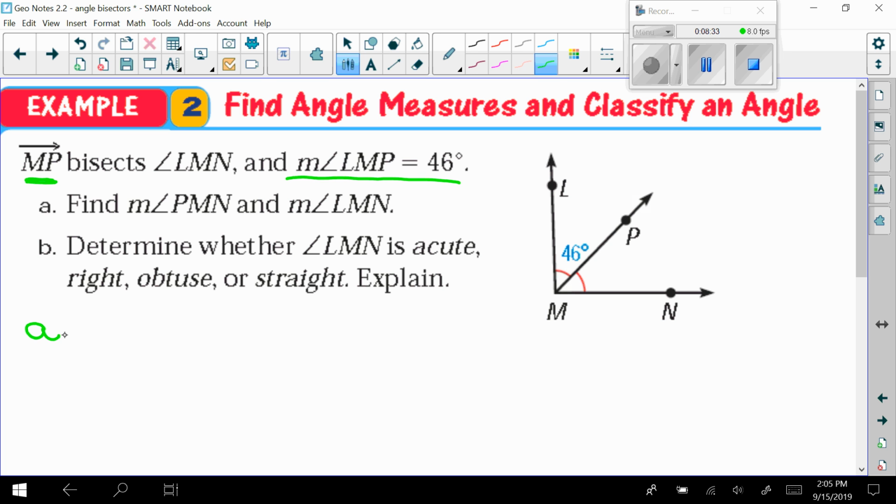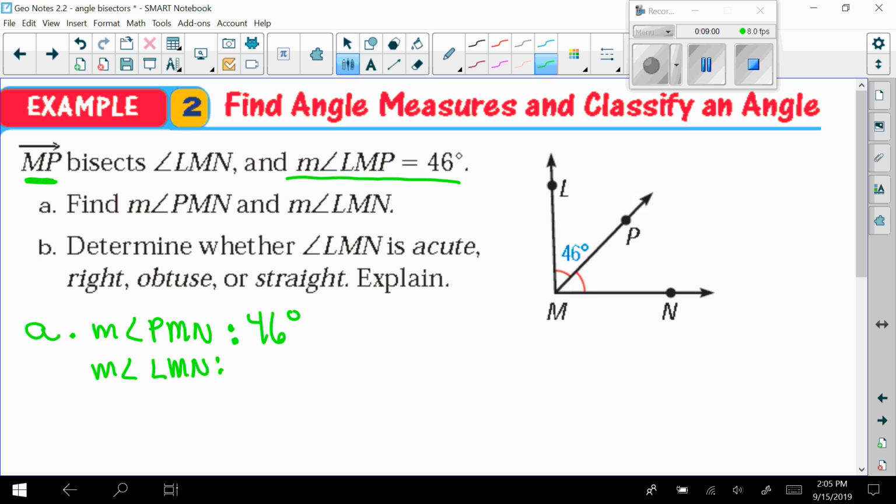The next question, we have 2 parts. We have A and B. So for A, it says find the measure of angle PMN. Do we know what that one is? Well, it's congruent to the other angle, so it has to be 46 degrees, right? And then it says find the measure of angle LMN.